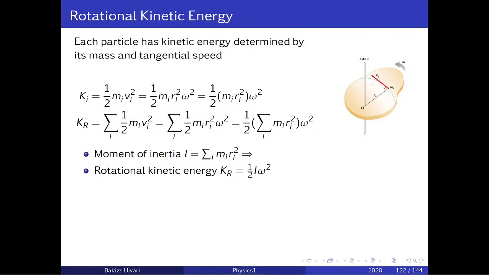We know from the work theorem that there is a quantity which can be increased by work, and if there is no potential energy, no friction, and nothing else, it will be the 1/2 mv square, the kinetic energy. What is the kinetic energy of the rotating rigid body?